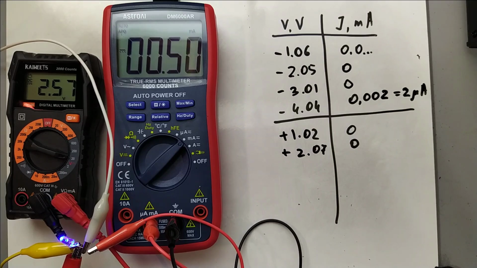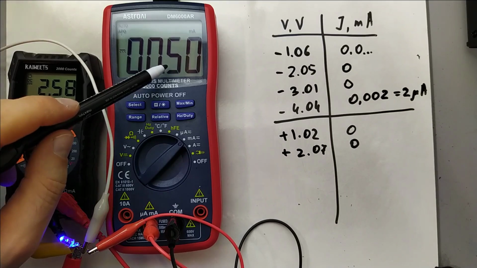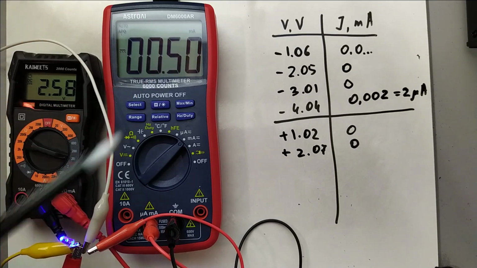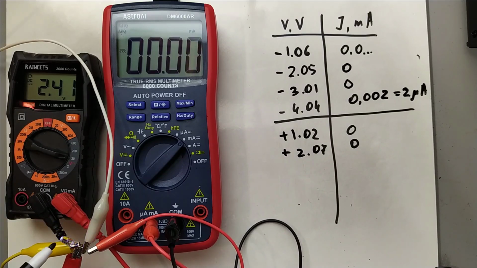Oh, something is happening. First of all, we already start to observe light emission from this LED, and simultaneously there is some current measured in the electric circuit at 2.5. Let's try to set it, oh, like 2.4, barely visible.